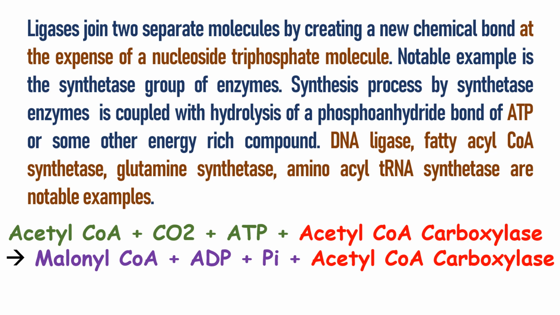Synthesis by synthetase enzymes is coupled with hydrolysis of a phosphoanhydride bond of ATP or some other energy-rich compound. DNA ligase, fatty acyl coenzyme A synthetase, glutamine synthetase, and aminoacyl tRNA synthetase are notable examples.